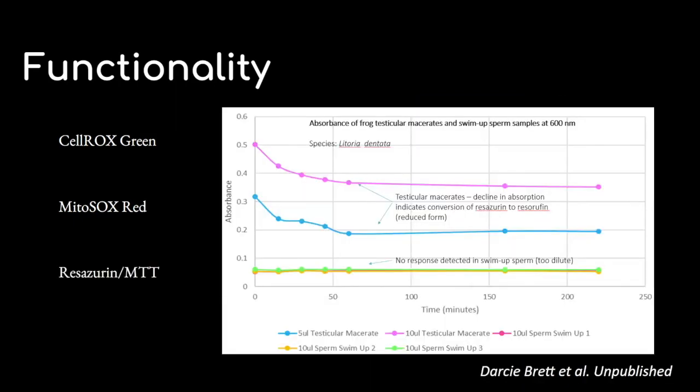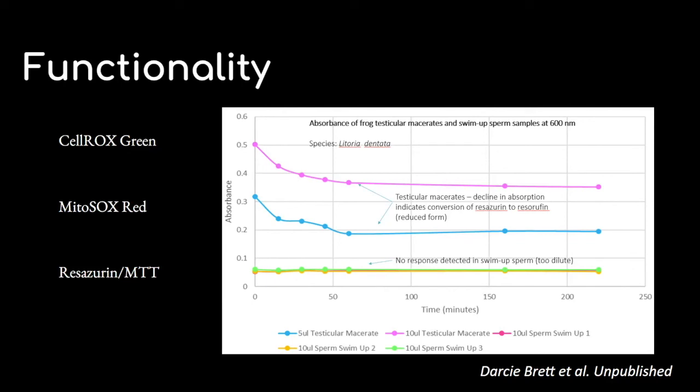So then something like a resazurin or an MTT assay can be used to look at the metabolic activity of sperm. This is some data from honours student from University of Newcastle, Darcy Brett. And she's been starting to work up this as an assay for looking into the metabolic activity of sperm.